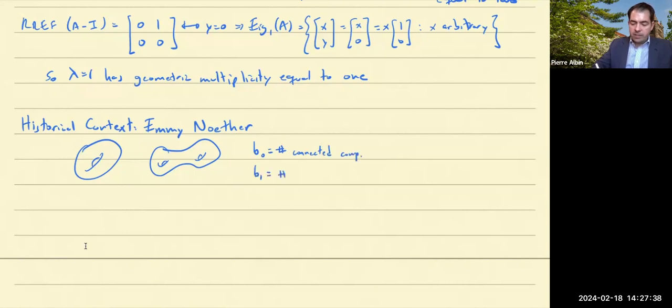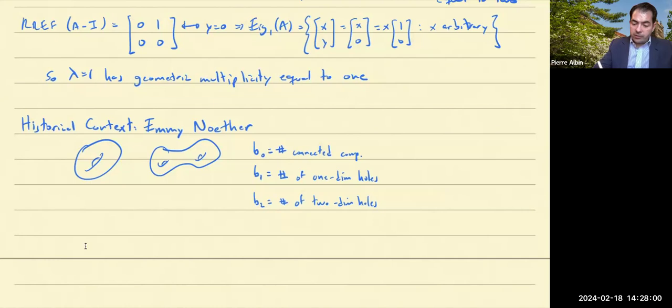B1 would be equal to the number of one-dimensional holes, loosely speaking. And B2 would be equal to the number of two-dimensional holes. Again, loosely speaking.